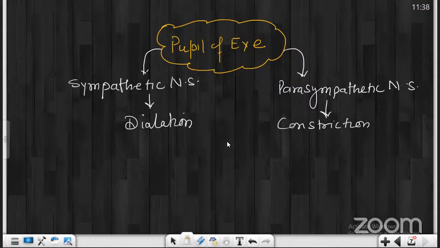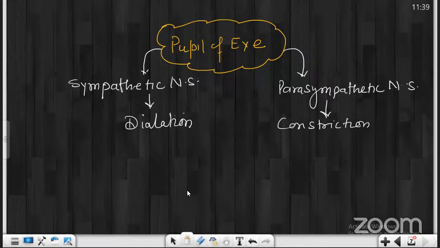So when you go into light, like right now there is a lot of sunlight outside, what will happen? Will there be dilation of the pupil or constriction? Tell me. Remember, when we move outside in bright light, it causes constriction of the pupil. That means the diameter will reduce so that less sunlight enters.